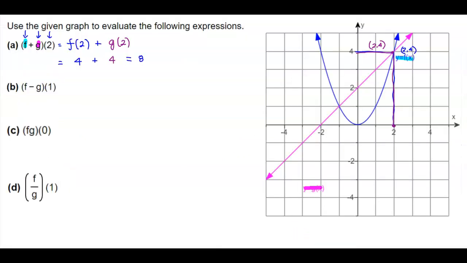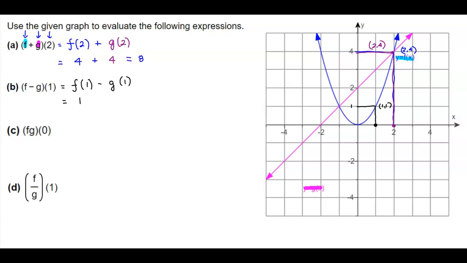Now let's take a look at f minus g of 1. So now here, we want to find f of 1 minus g of 1. Okay, so that means when x is 1, what is the value on the blue graph? Well, that's 1 as well. So it's 1 comma 1.